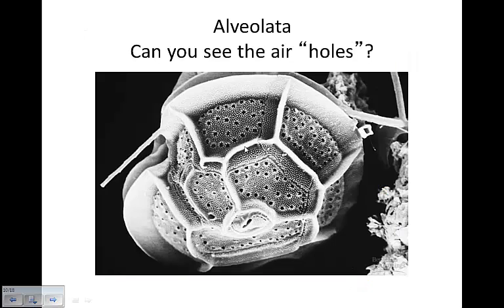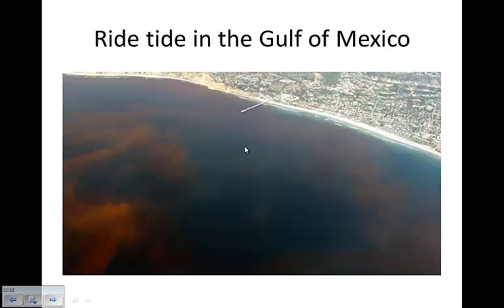Then we have the alveolata. These organisms contain small air-filled chambers that are called alveoli. And dinoflagellates are an example of this. Most are phytoplankton. And an example is this red tide. See that red color in here? So dinoflagellates, the red tide is dinoflagellates.